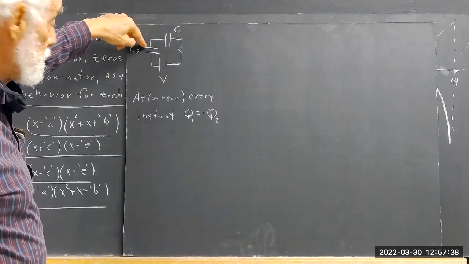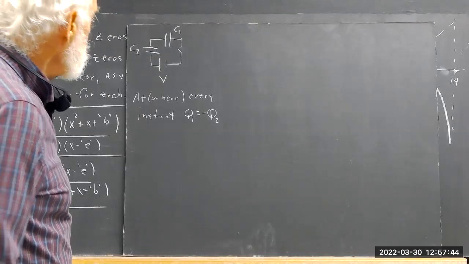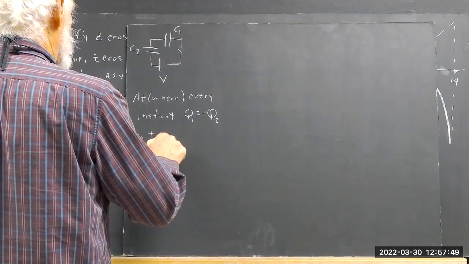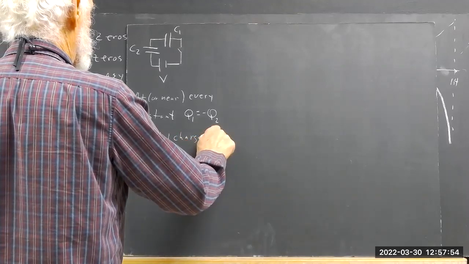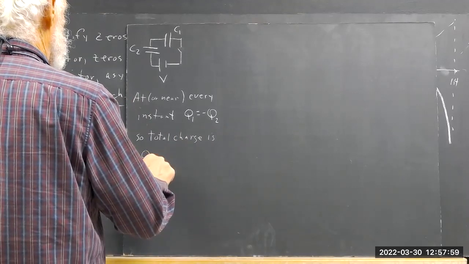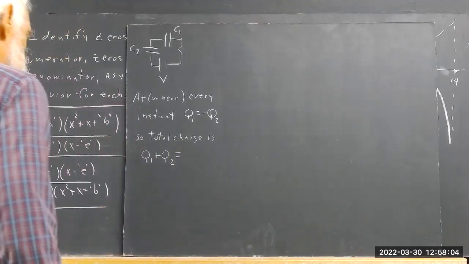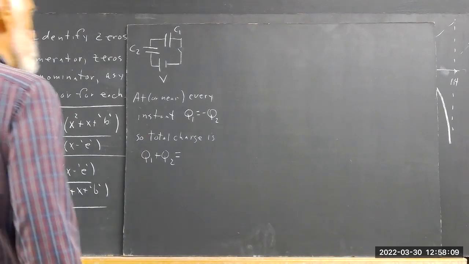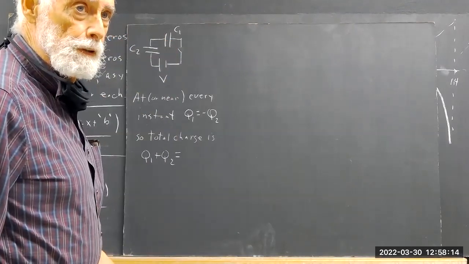Or the charge here is equal and opposite to the charge here. So total charge is Q1 plus Q2. But that charge is equal to the voltage.